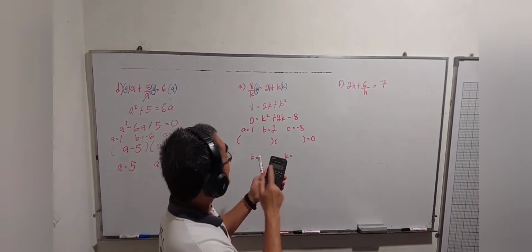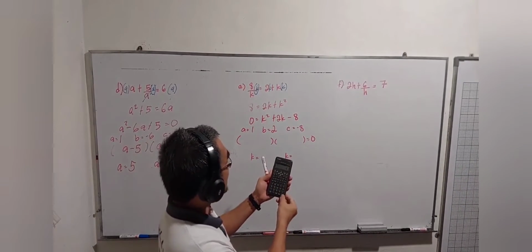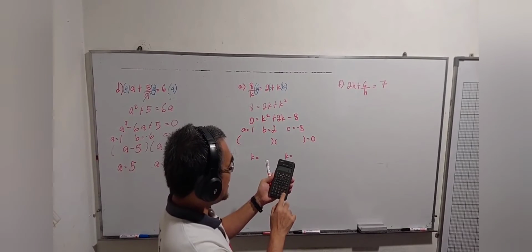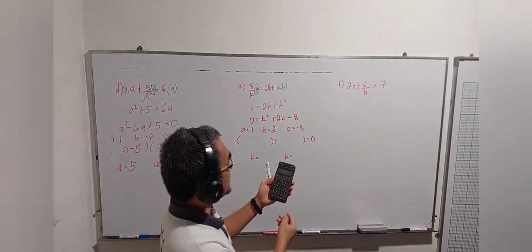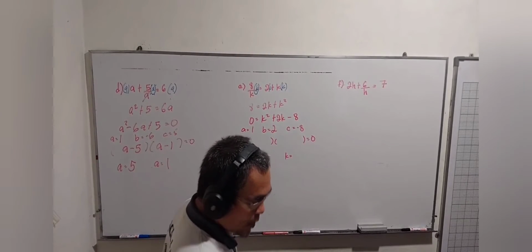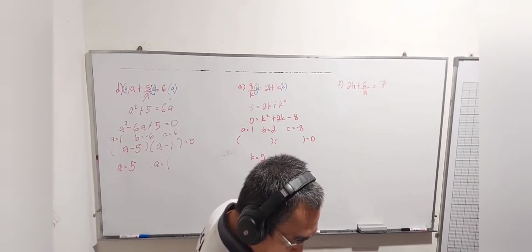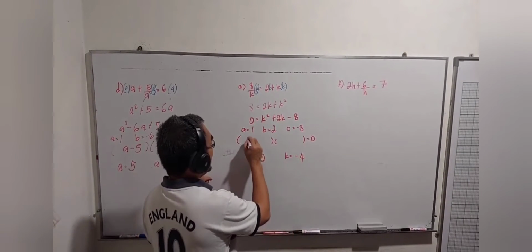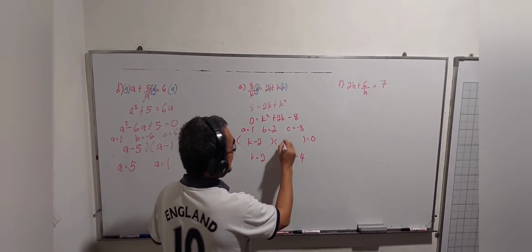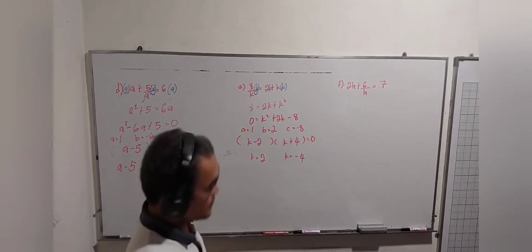And then now the B is different from the first question. I write down 2, then press equal, and then similarly, this is a different value, so just put negative 8, then press equal, then you get the first value, which is written as X, but this is actually K, is 2, and the other one is negative 4. So K minus 2, K plus 4.